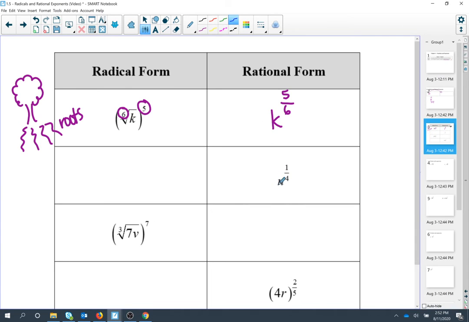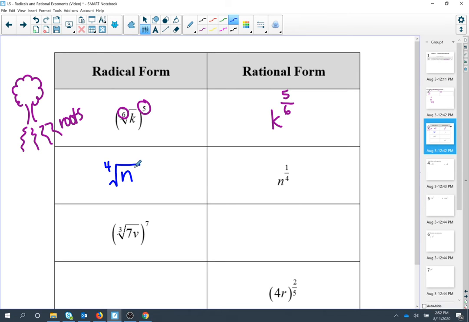Okay, so now let's try to go from rational form over to radical form. So our base is n, so inside the root I'm going to have my n. Then I have a 1/4. So the question is, okay, well if this is my tree, where's my roots? My roots are at the bottom. So my root is a 4. So this is going to be a 4th root, which in this case 4 is your index. Then that means that my power is going to be to the power of 1.